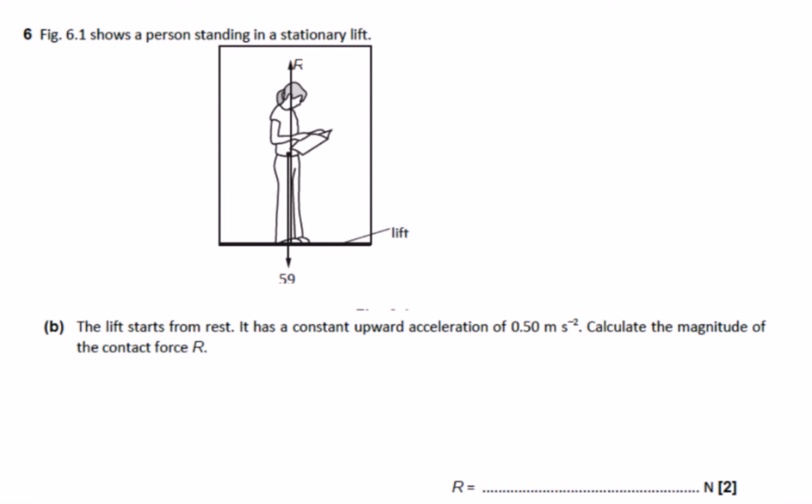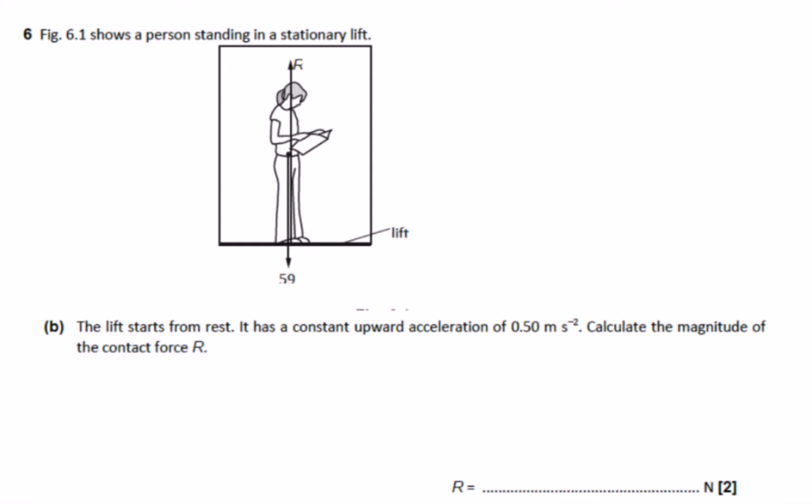It's now saying the lift starts from rest. It has a constant upward acceleration of 0.5 meters per second squared, and we have to calculate the magnitude of the contact force R. Okay, so let's have a look.